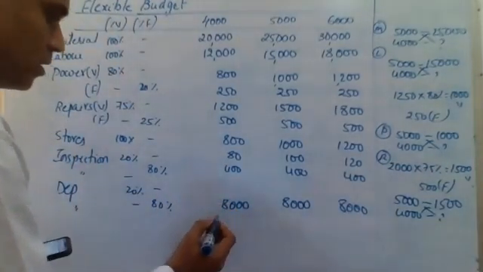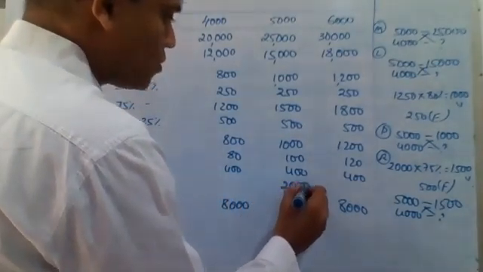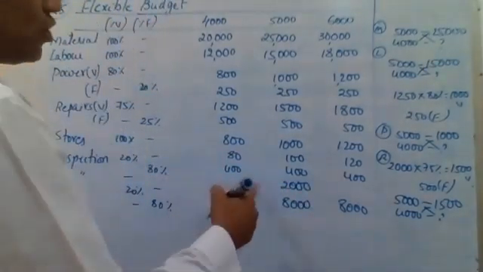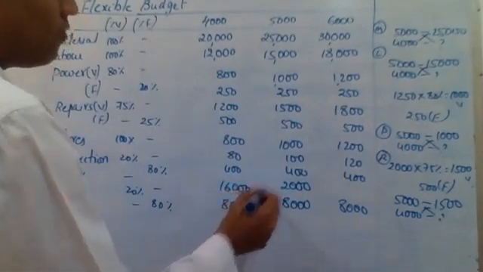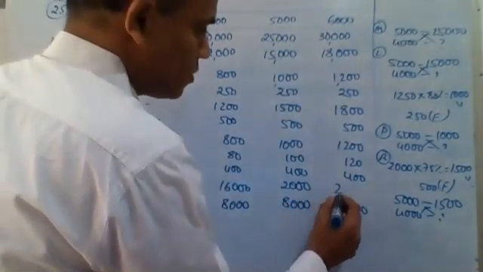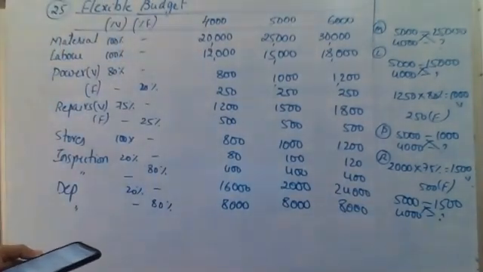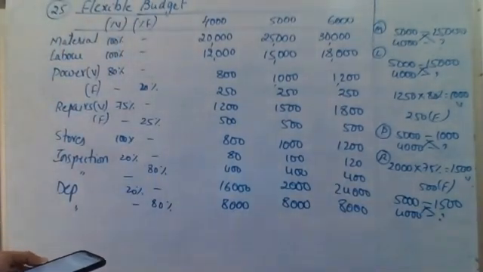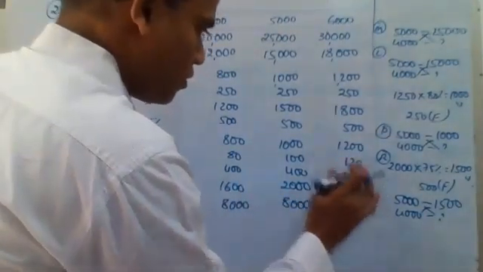That is 2,000 is varying here. So at 5,000, if it is 2,000, for 4,000, how much? Not 16,000 or 24,000. 2,000 means it should be 1,600 and 2,400.